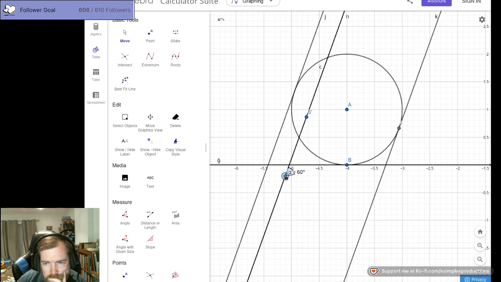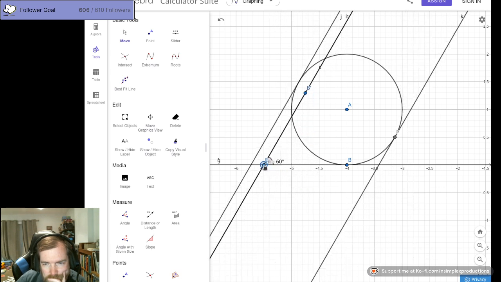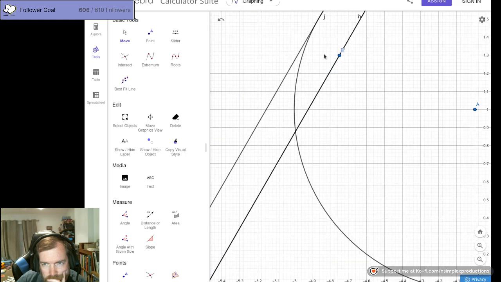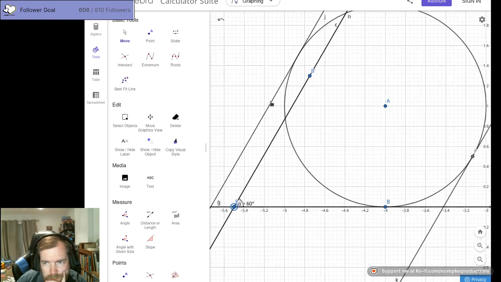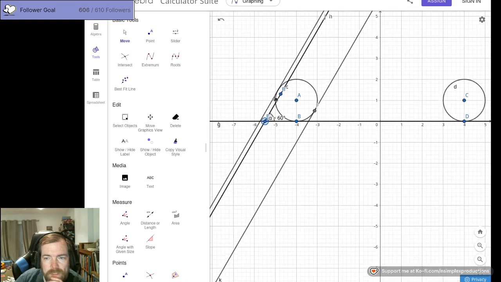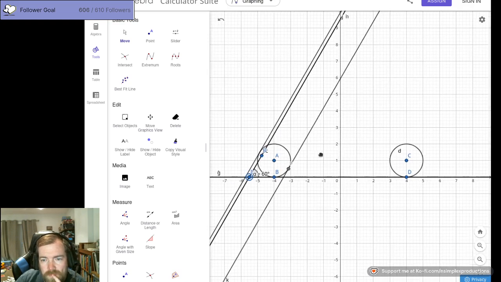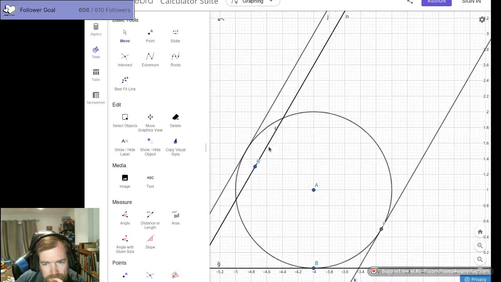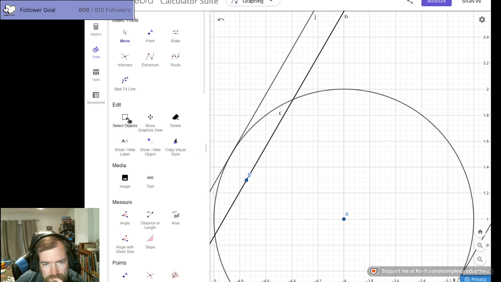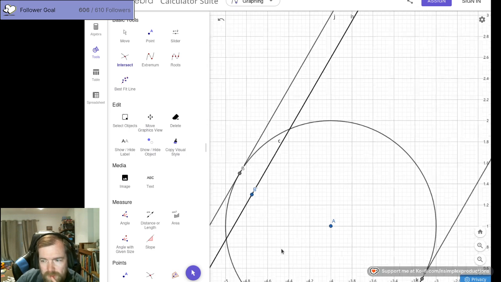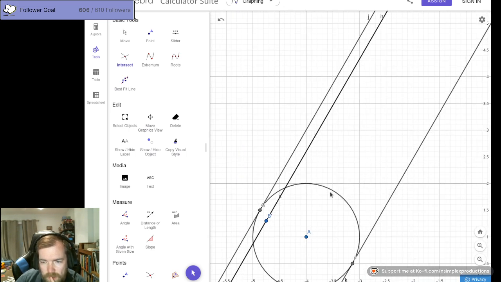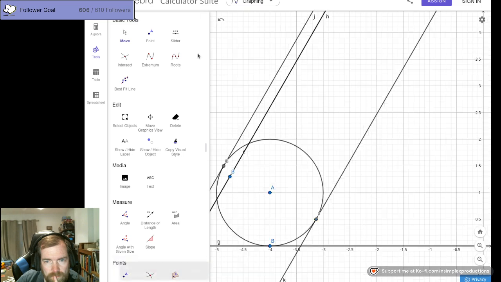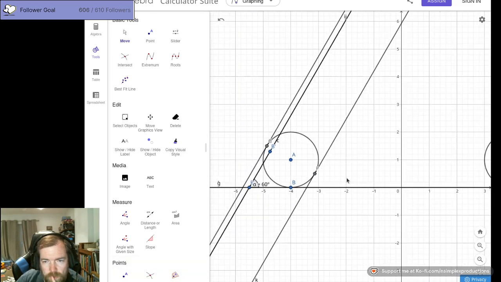Why are those changing? Okay. Oh, there we go. Yes. Okay. Okay, find the intersect between here and there. There we go. There's G. Okay, so I get, move view.